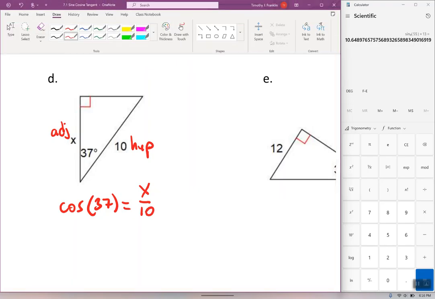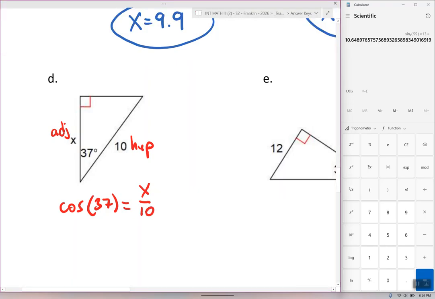Notice all of these are right triangles. This has to be done with a right triangle. So if you have a non-right triangle, this won't work. So the cosine of 37 times 10. We get 7.98, which rounds up to 8.0.